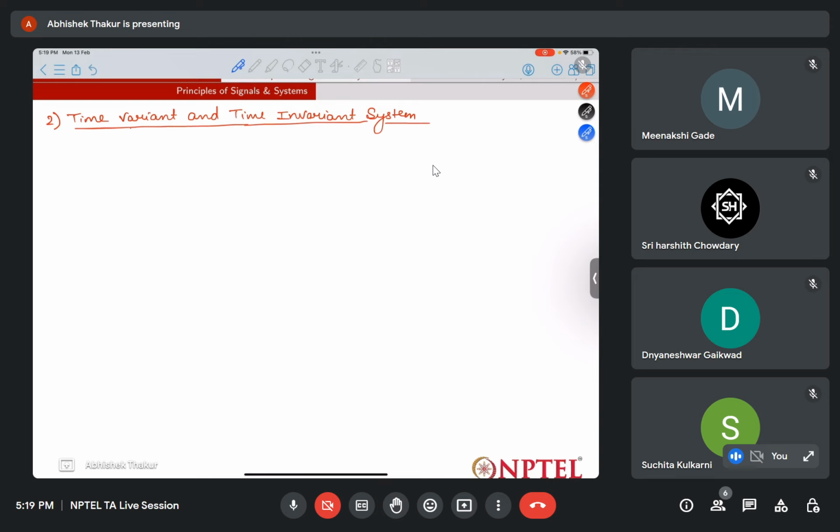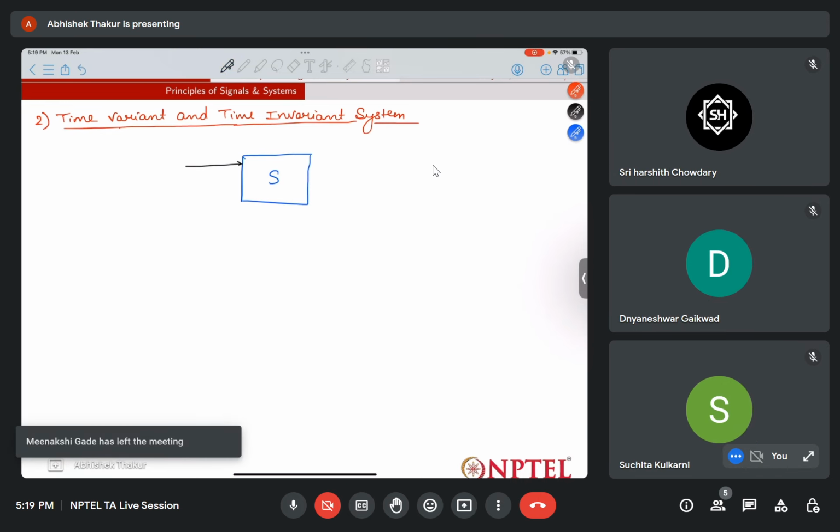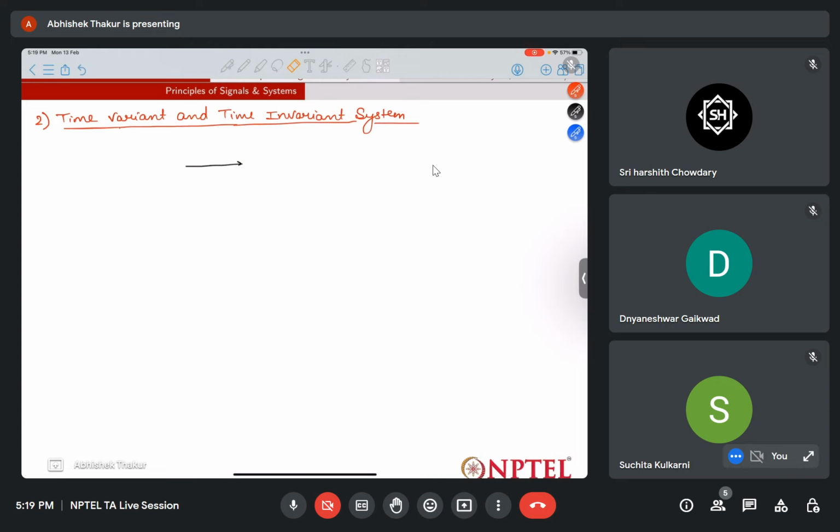The system is time invariant if its input-output characteristics do not change with time. So what does it mean? Let's suppose there is a system here, when the input x(t) is given and the output produced is y(t).